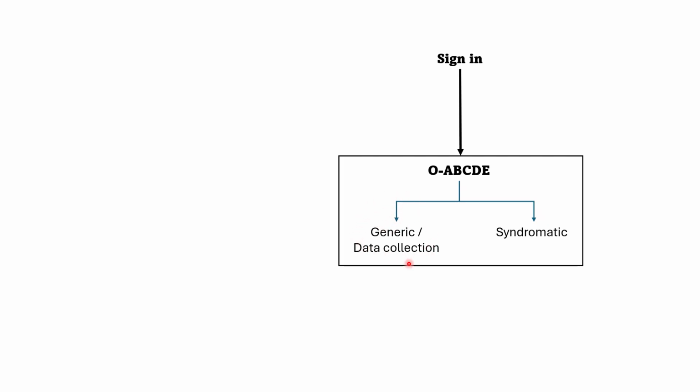To begin with, there's a generic pathway, where you treat as you go through the ABCDs. If they have low oxygen saturation, you give them oxygen and so on. But as we go along and buy time, we get a hypothesis of a syndrome that we can treat more specifically and try to reverse whatever is happening, okay?